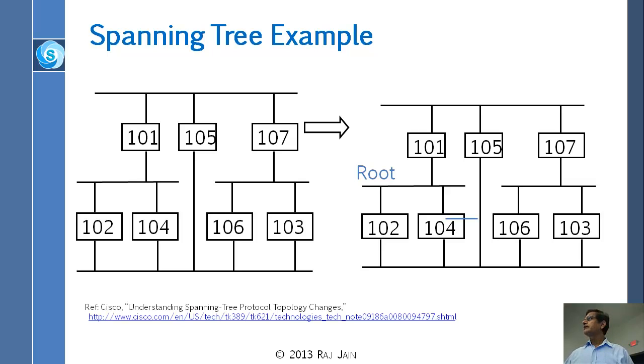When you compute the shortest path, you will find out that nobody wants that path. So they will both exchange control messages, saying that I am blocking this, and fine, done. The whole thing is to avoid loops, and the shortest path to a root will never loop. That's the whole thing about the tree: if you have a tree and you have a shortest path, nobody taking a longer path, then there is no loop.